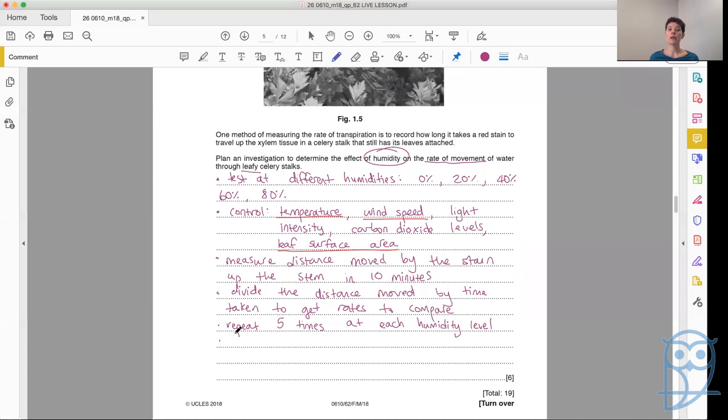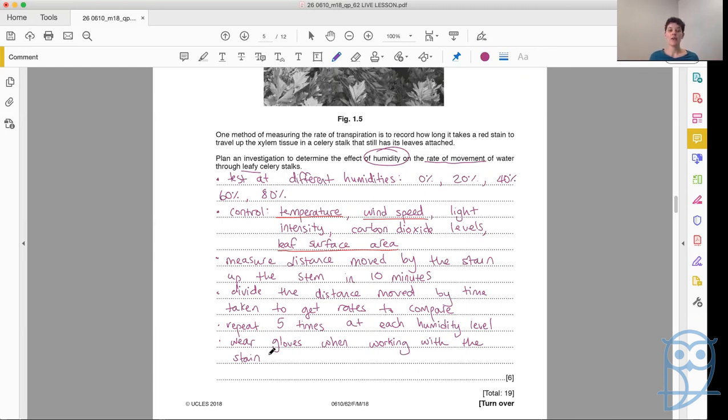So we would always want to recommend that whoever's doing this experiment works with gloves when they're working with the stain. So we're going to wear gloves when working with the stain.